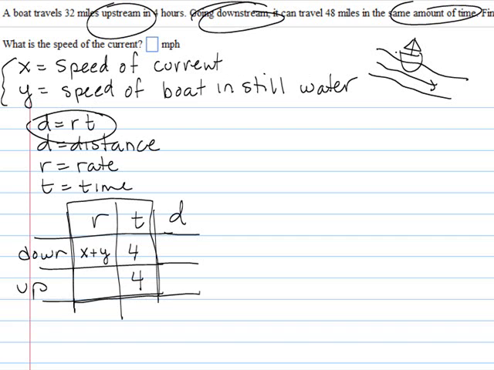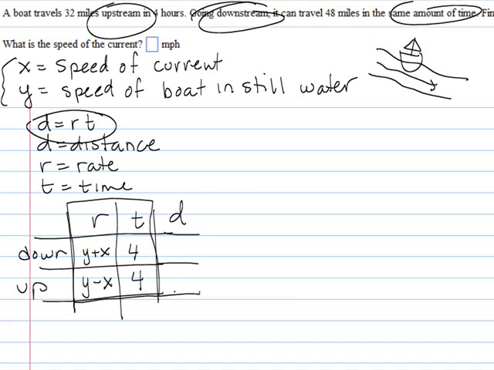Going upstream, it's the speed of the boat minus the current. You want the boat first, then the current. And that makes sense because when you're going upstream, the current's going to hurt you.